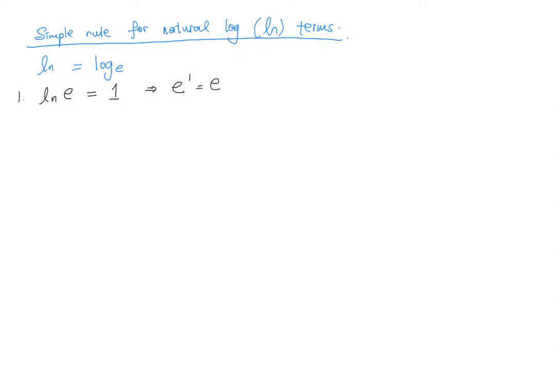Clear? That is the first thing. Okay. Second thing, ln 1 is equal to... e to the power of 0 is 1. So 0 equals ln 1.